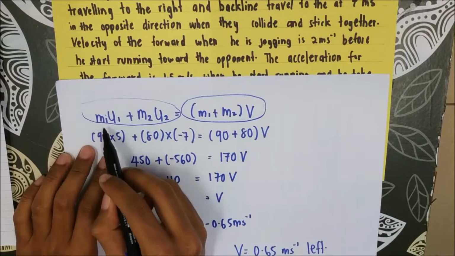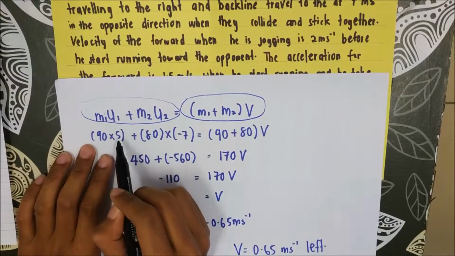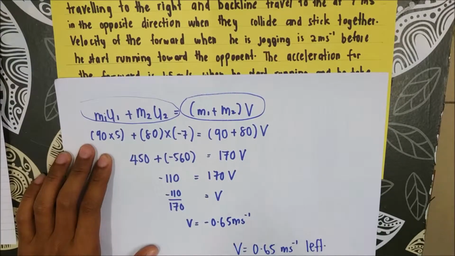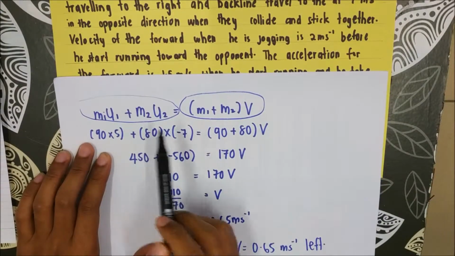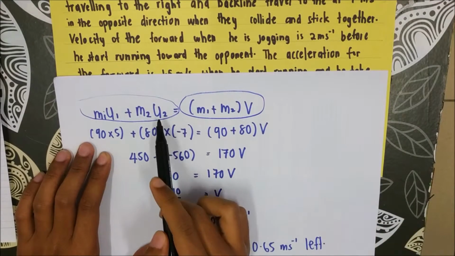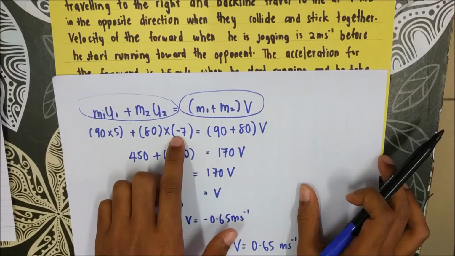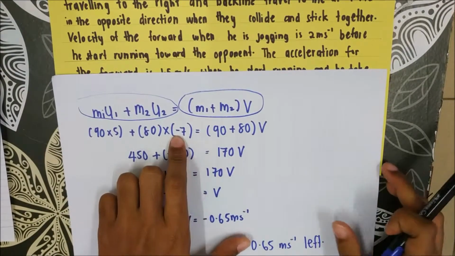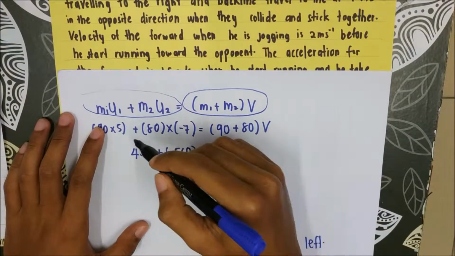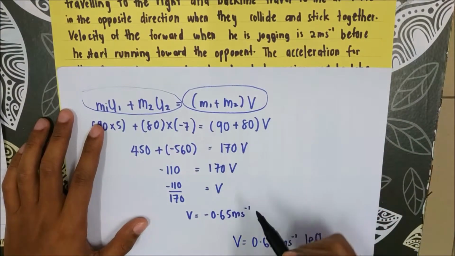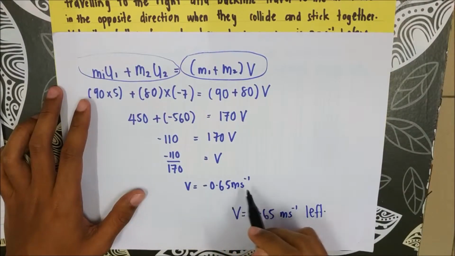M1 is the mass of the forward, U1 is the velocity of the forward player, M2 is 80 kg, the mass of the backline player, and U2 is -7. Don't forget to put the negative because it will affect our answer. After we solve the calculation, we get V equal to -0.65.